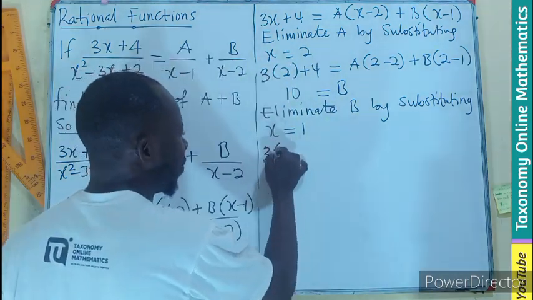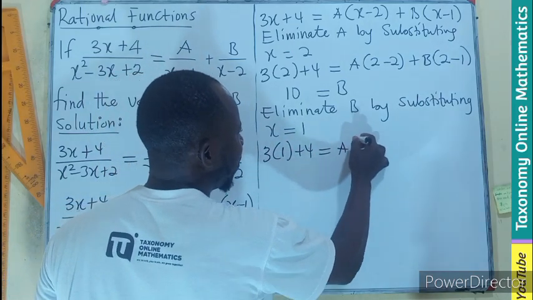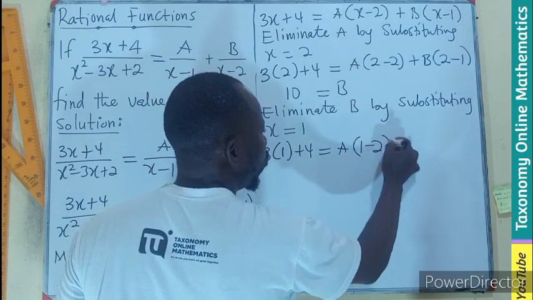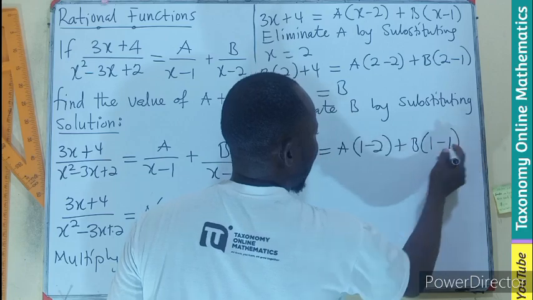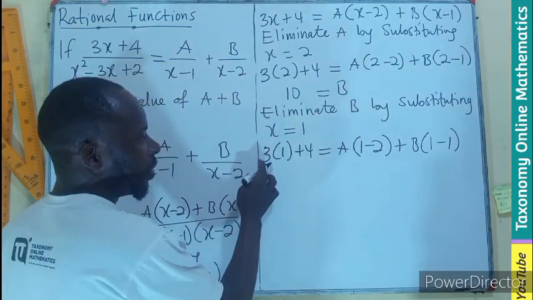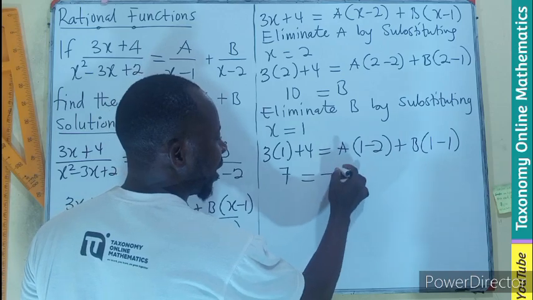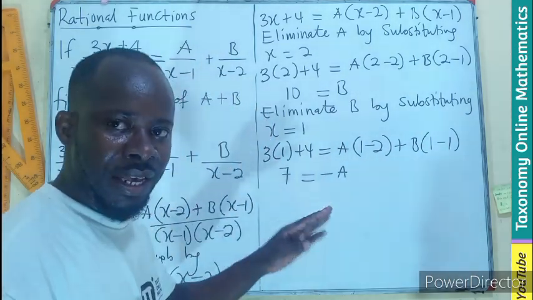So 3 will have 1 multiplying it plus 4. Then a will still have the x in there as (1 − 2) plus b(1 − 1). This 1 is from here. 3 plus 4 is 7. In the case of this, b times 0 will be 0. So a times negative 1 equals 7.